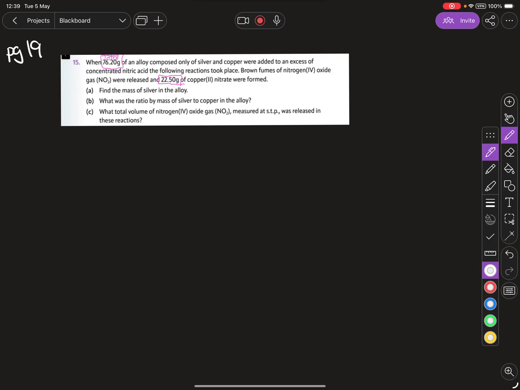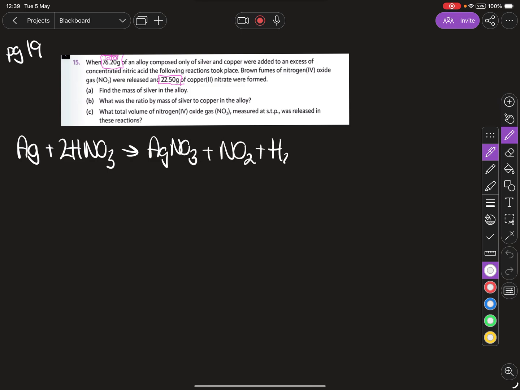So this is question 15 on page 19. The equations I've given you in Teams. So we have silver plus nitric acid goes to silver nitrate plus nitrogen dioxide plus water.